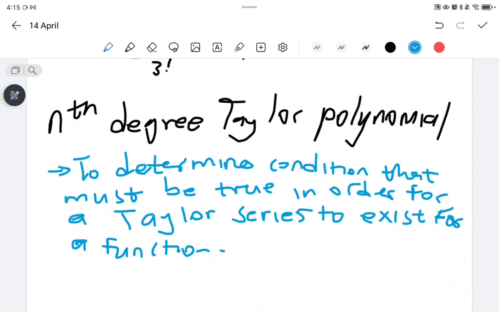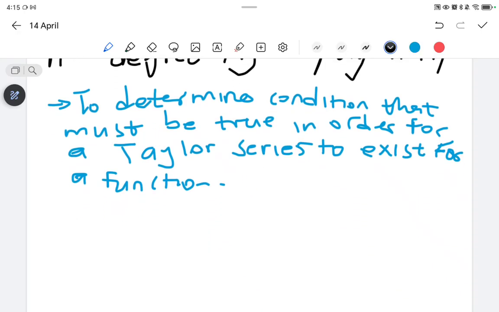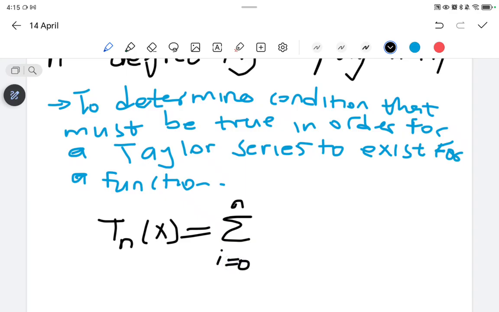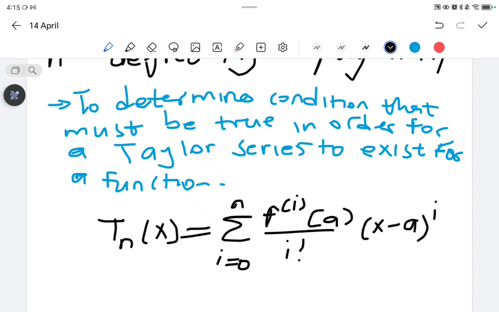So this is given by T_n of x equals the summation from i equals 0 to n of f to the i of a over i factorial, times x minus a to the i. It's simple, right? Remember the Taylor series here had infinity, here it has n.